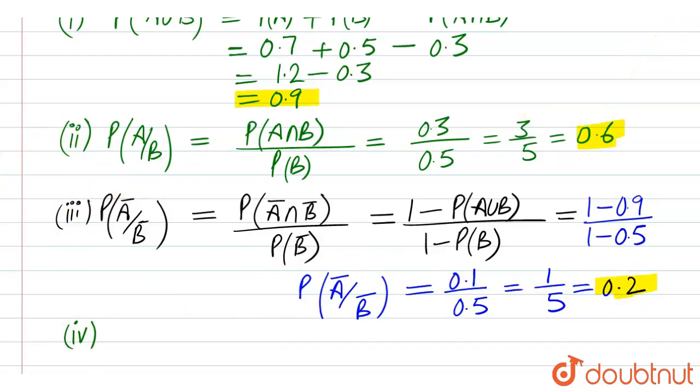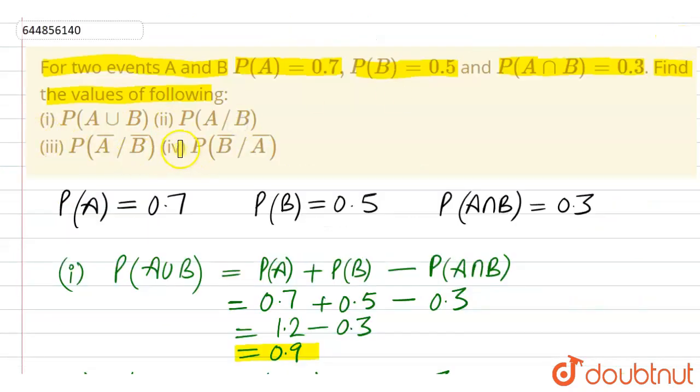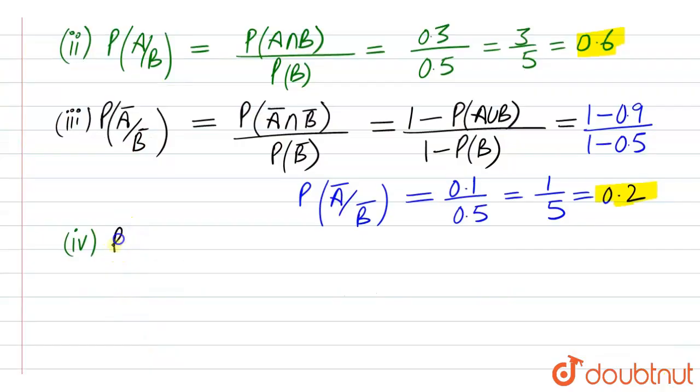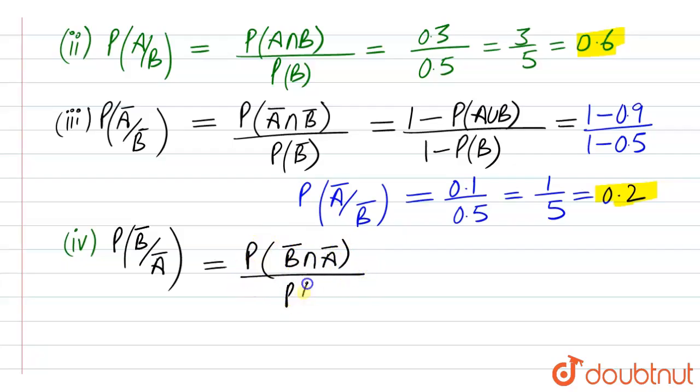The fourth part we have to find probability of B dash by A dash. So in the same way, probability of B dash, that is B complement by A complement, is equal to probability of B complement intersection A complement divided by probability of A complement.